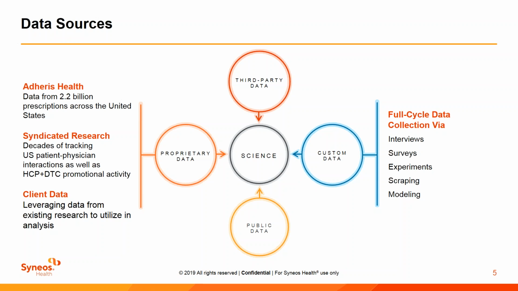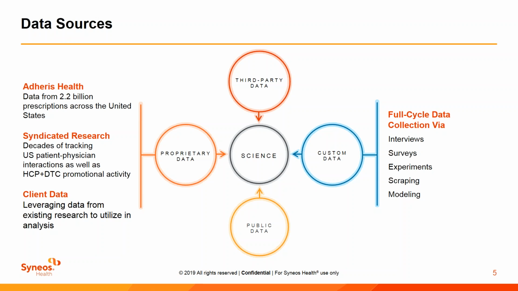Syndicated Research is decades of tracking longitudinal data for drug and diagnosis data at an ICD-10 level, as well as HCP and DTC promotional activity. And our third proprietary source is really working with our clients to understand what data they already have in-house and how we can leverage that in our analysis to make it even richer.